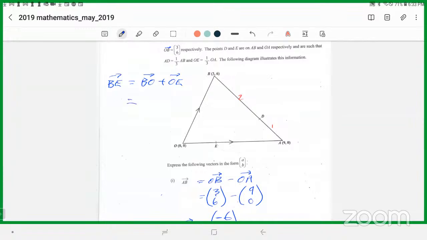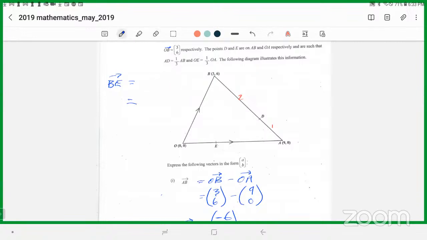All right, we know the BO already, right? The BO really is the minus OB. Based on this information that they gave me right here, technically I know OE. So I can use O times the last minus O times the first.